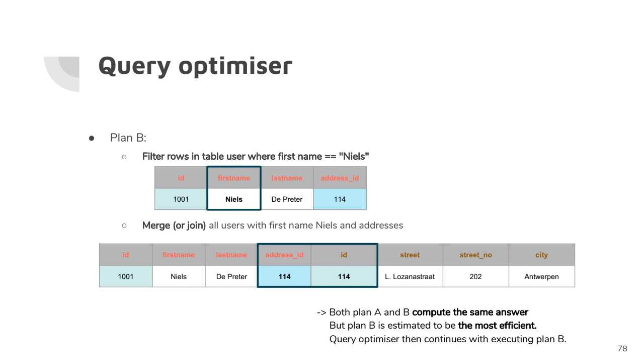But the query optimizer estimates that, and based on this estimate, it takes the most efficient way. So that's not perfect. The query optimizer can be wrong, but for most queries, it does a decent job and you don't have to worry about performance.